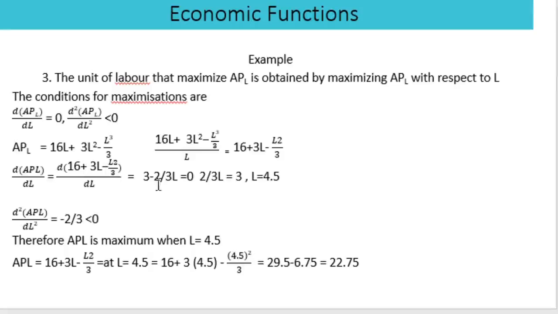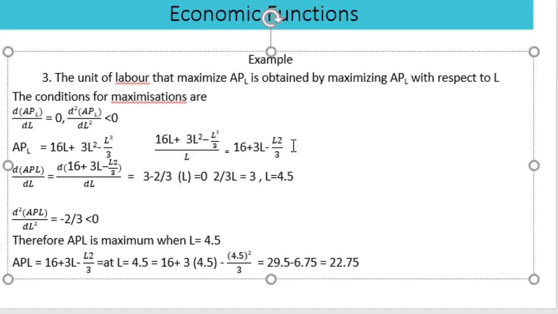The differential of 16 is 0, the differential of 3L is 3, the differential of L square by 3 is 2L by 3, that is, minus 2L by 3, or 2 by 3 into L, that is 2 by 3 L equal to 3, means 9 equal to 2L, or L equal to 9 by 2 equal to 4.5.